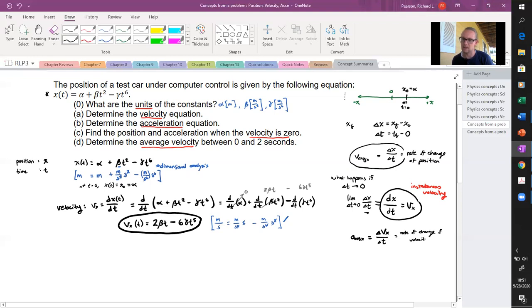So you'll see this a lot in physics. Whenever we divide by time, it's talking about a rate at which something is changing. If you're familiar with watts, a watt is joules per second, which, if you're not familiar with it, that's okay.